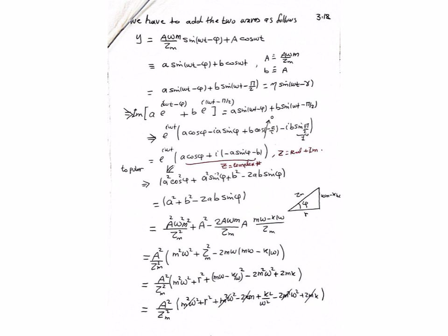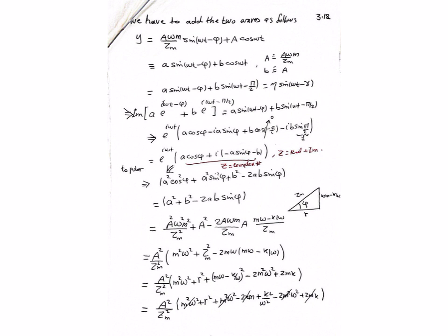Now the two waves together can be written as a small sine omega t minus phi plus B small sine omega t minus pi over 2, where a small, this should be a small not a capital, equals A omega m over Zm, and B small is a capital.